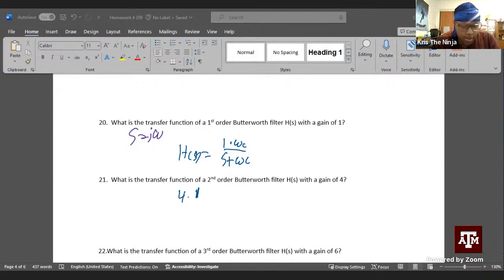These are all low pass, by the way. I'm trying to find a good chart because you could do the math every time, but I'm not going to.